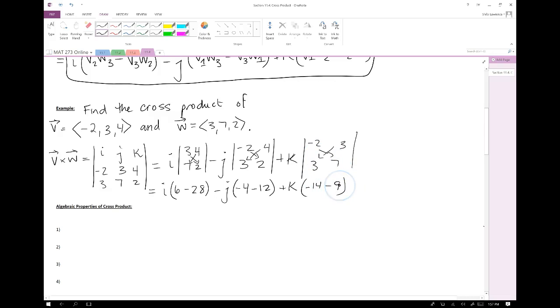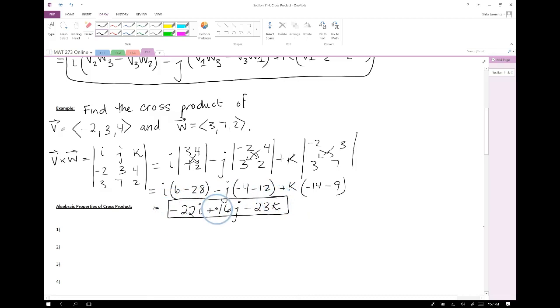And it's always subtraction in those determinants. So this is going to give us a final answer of -22i. And then we've got a -16 in the parentheses, but if we combine that with the negative we have here for subtraction, it's really going to be plus 16j, and then minus 23k.